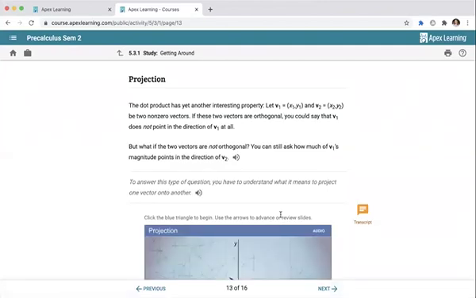All right, and then another property of the dot product is this thing called projection. So if we have two vectors that are non-zero, we're going to look at what happens if they are orthogonal or not orthogonal.